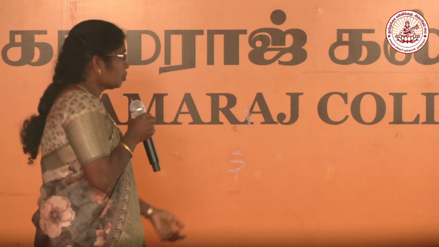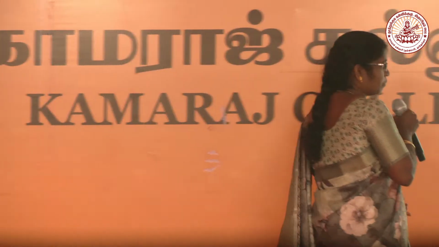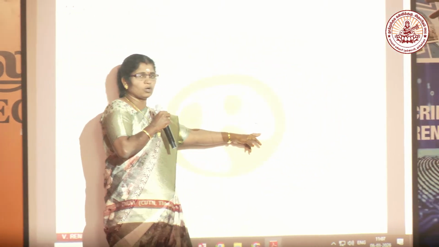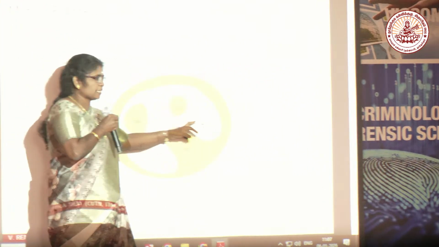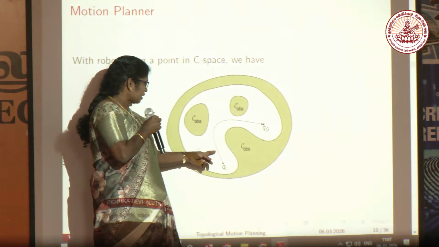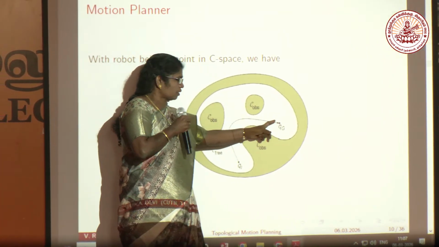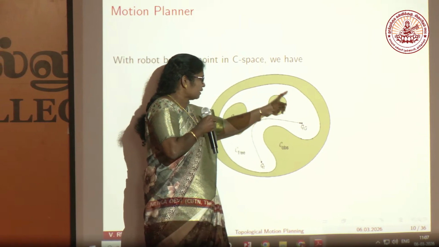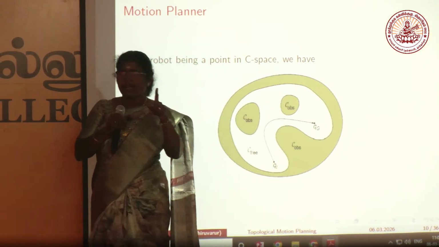So that is our next point. What does a continuous path mean? In the previous example, we have this initial point and the goal point. We can draw a continuous path like this, or a continuous path from this one to this one. But our aim is again to get a path here.